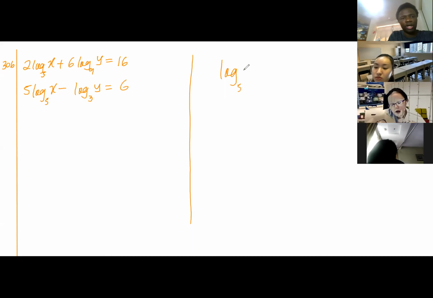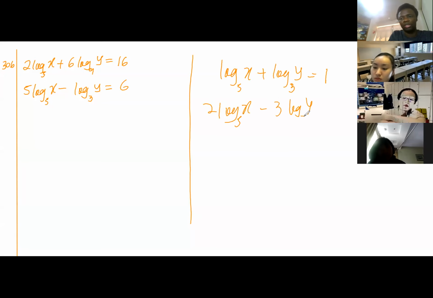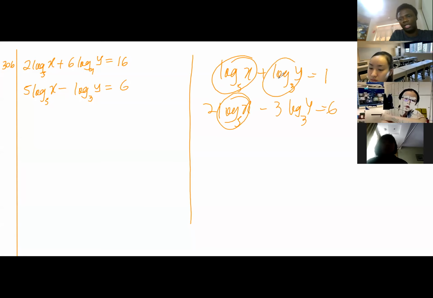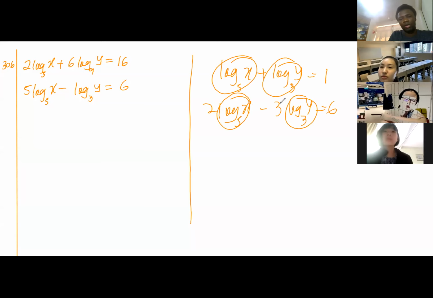If this was log base 5 of x plus maybe log base 3 of y equal to 1, and this is maybe 2 log base 5 of x minus 3 log base 3 of y equal to maybe 6. Now, because these are the same bases, what you do is introduce 2 variables.